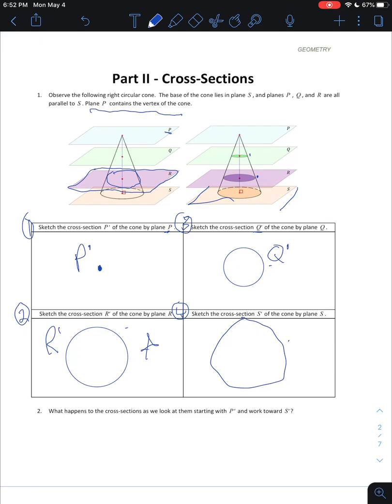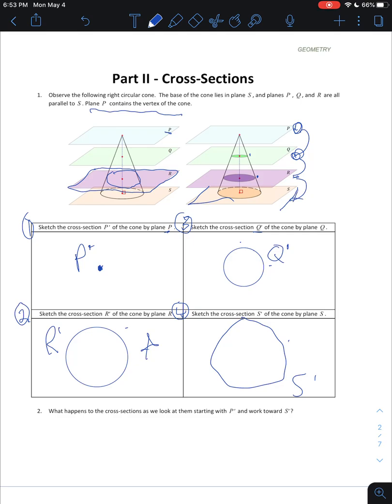Question 2 down here says, what happens to the cross sections as we look at them, starting with P prime and working towards S prime, this one over here. So you'll notice first we start with a point. Then we get a slightly bigger circle over here, because we started up here, then we went down to this one. We see the circle got a little bigger. And then when we go down to plane R, this one over here, we see the circle gets even bigger.